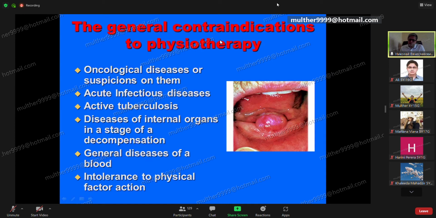Disease of internal organs in stage of decompensation. What does it mean? It means expressed forms of chronic heart failure with dyspnea at rest, with severe edema, chronic respiratory failure, also edema at rest, and chronic renal failure, of course.